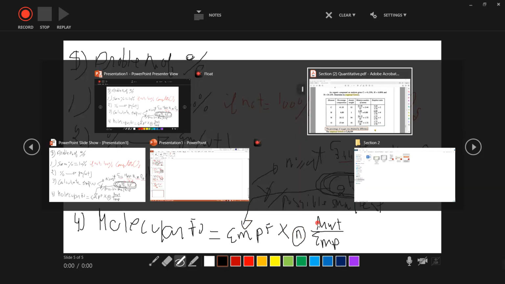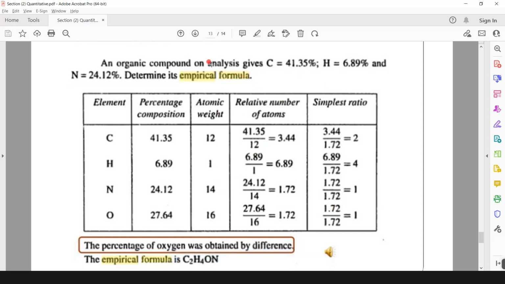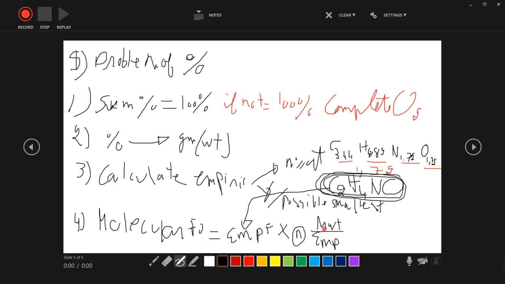We said molecular weight is given in the question, but here it is not given. Here he only wants to know the empirical formula, so we will consider that he gives us the molecular weight, considering it any number, and then we can calculate the empirical weight. How can we calculate the empirical weight?